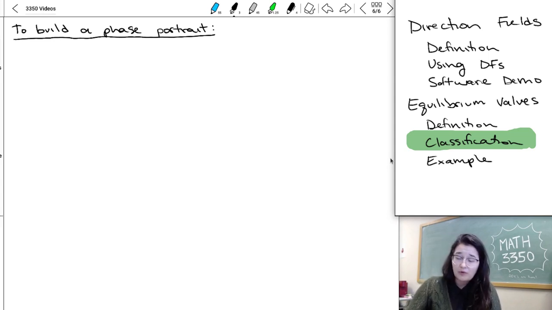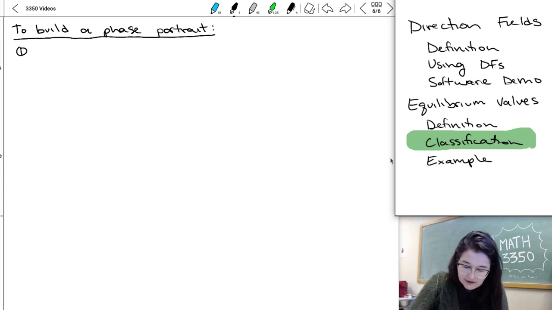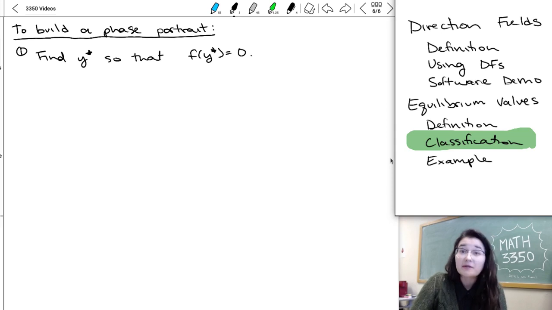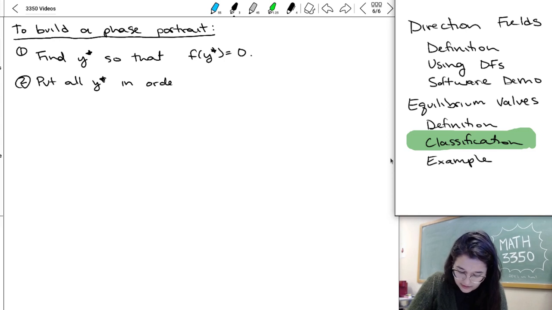So to build a phase portrait, we're just going to follow a few simple steps. First, we need to calculate our y star so that f of y star equals 0. So we need to find those equilibrium values. Then we're going to put all those y star in order on a number line.